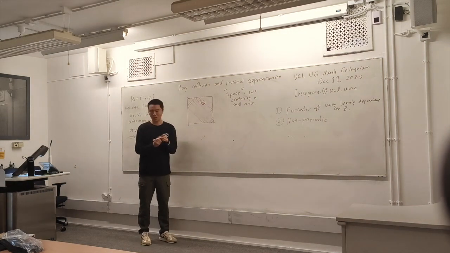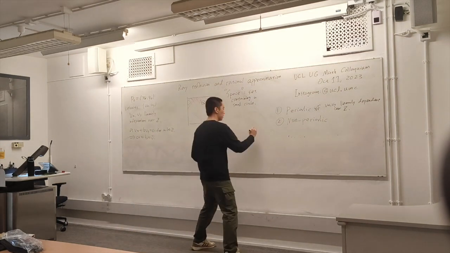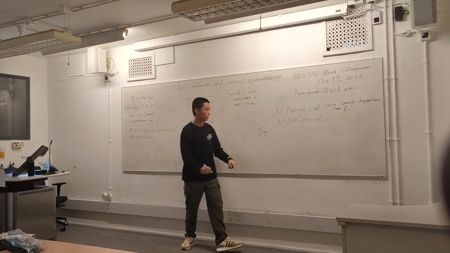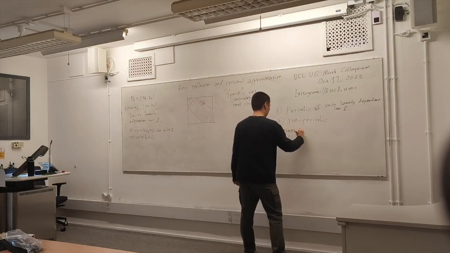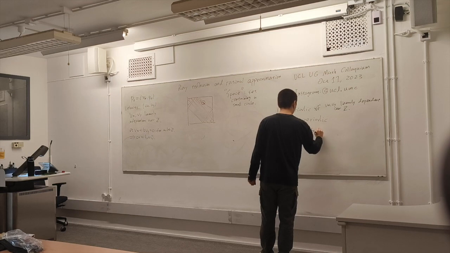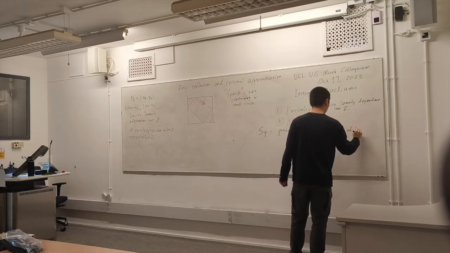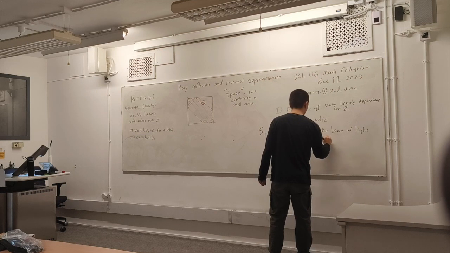So we consider the following problem. We define the set, say this is S subscript T. This just means the points hit by the beam of light after T seconds.